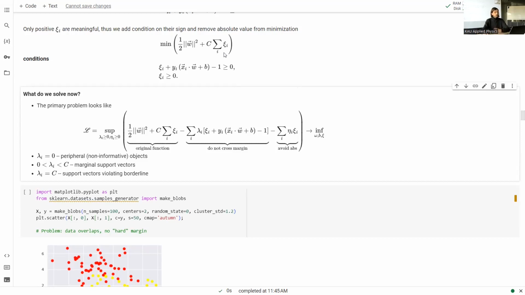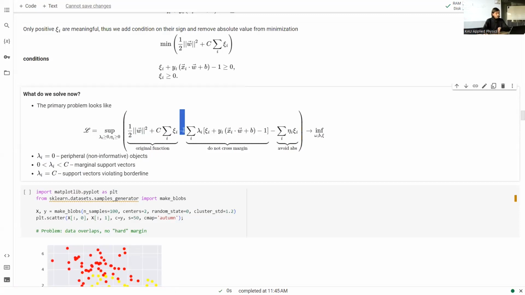If my conditions are, in some sense, bad, not fulfilled, so I don't get here bigger or equal to 0, I get some negative value here, what will happen when I'm trying to take this supremum? So I have a negative value here.